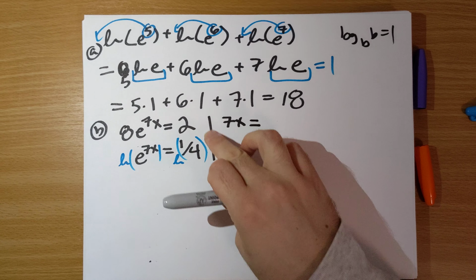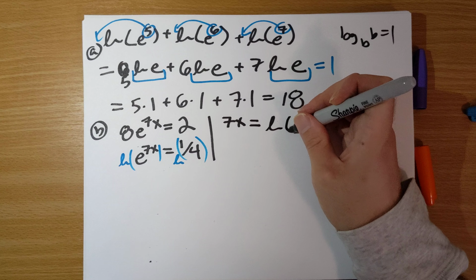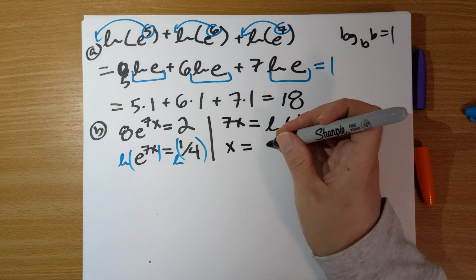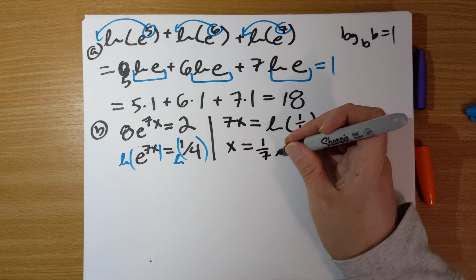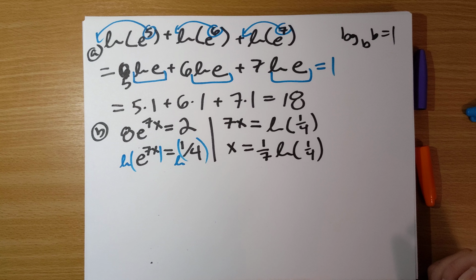And on the right here, this is going to be natural log of 1/4. So x is equal to 1/7 times natural log of 1/4. This is a perfectly reasonable final answer.